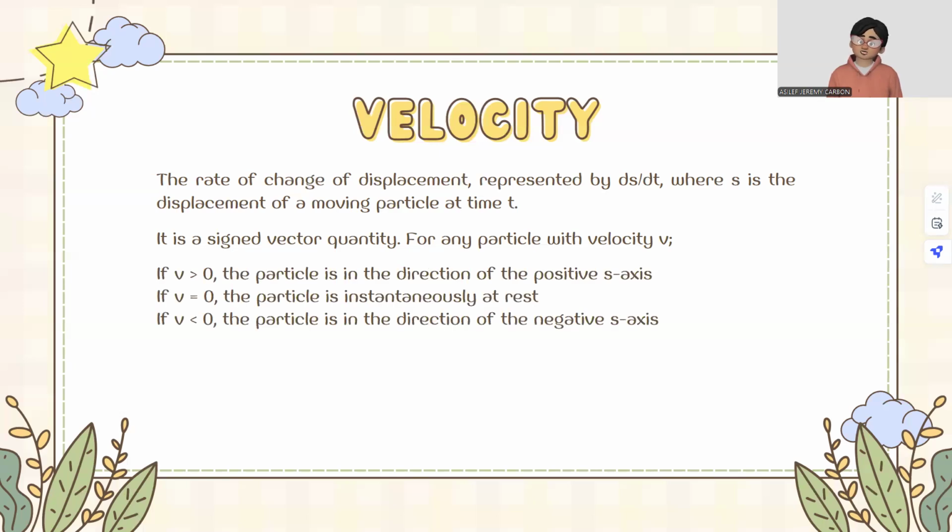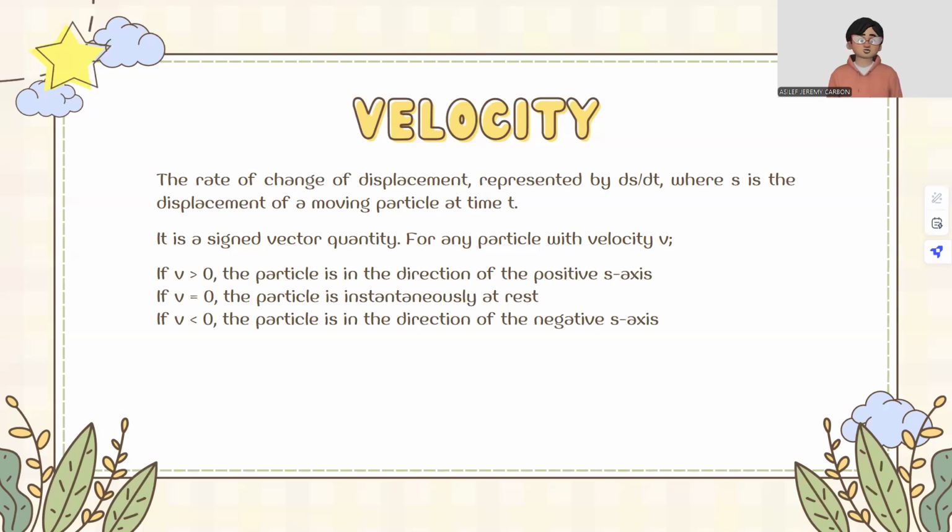If v is positive, or greater than zero, the particle is moving in the direction of the positive axis, which means it's moving toward where the positive side is. If v is equal to zero, then the particle is instantaneously at rest, which means that it is not moving because there is no speed, there is no velocity.